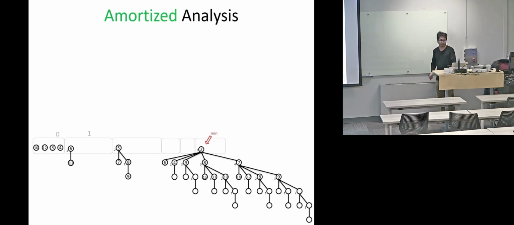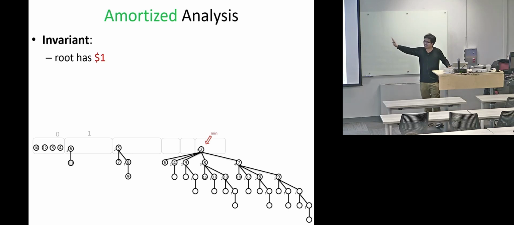Okay, let's try to analyze this now. We're going to go right to amortized analysis. And here is the creativity. We're going to decide where to put money, and we're going to put money on each root, like before, but more than that.